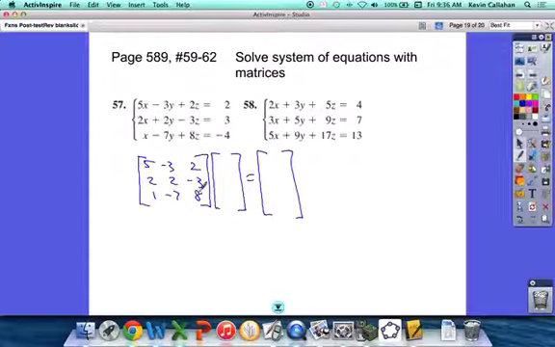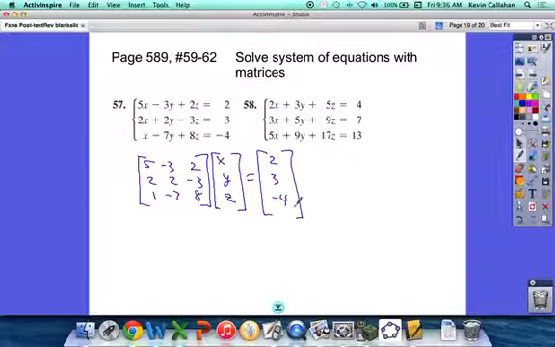Okay, what goes here? X, Y, Z. That's the variable matrix. And then these go on the right-hand side. So that's the matrix equation.